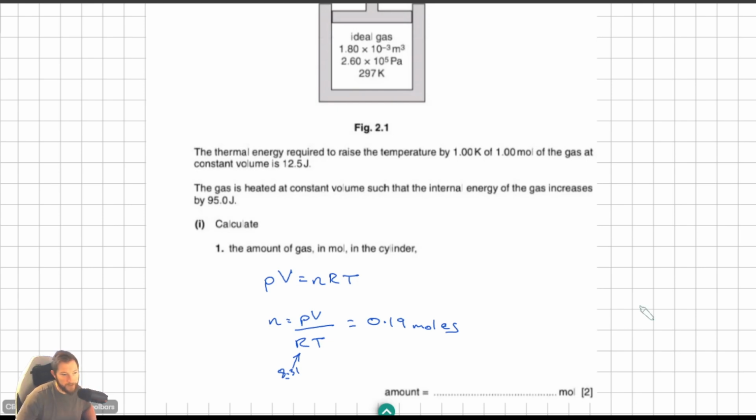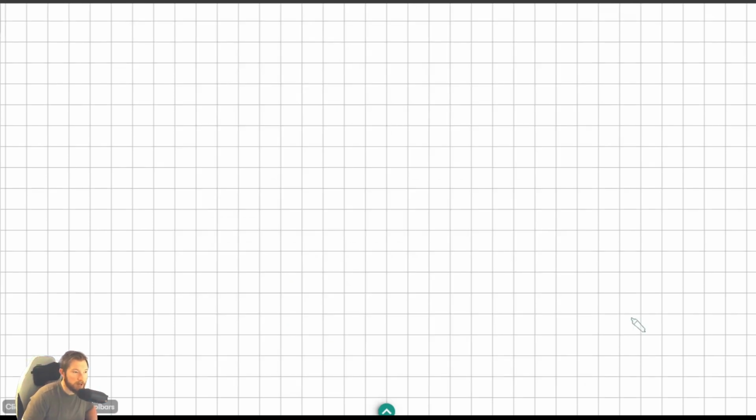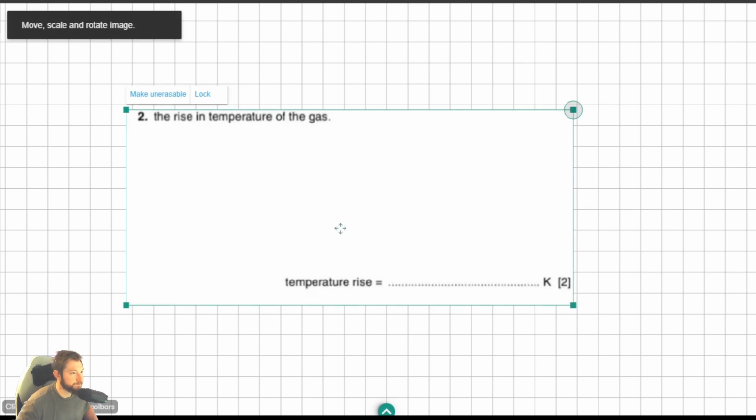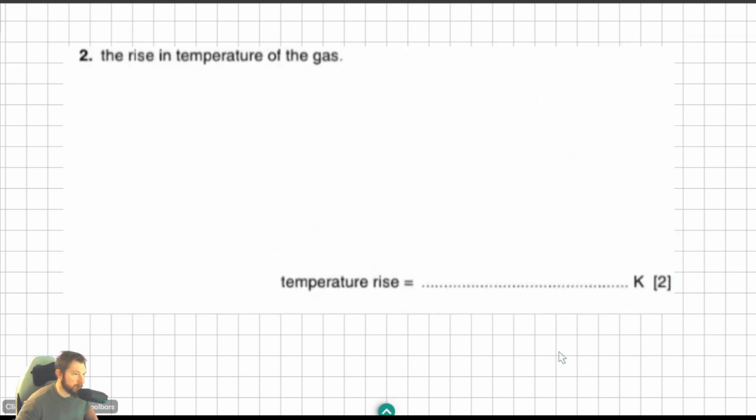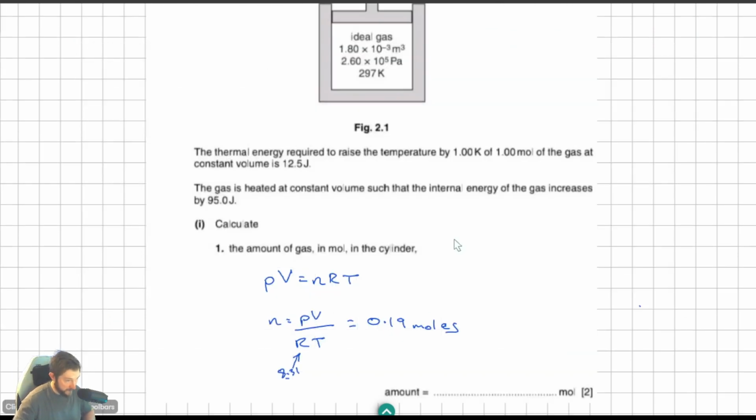So now let's look at question 2, which is the part that the Reddit user was asking about. It asks us for the rise in the temperature of the gas when we have supplied it with 95 joules of energy.